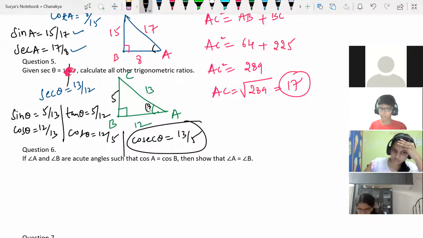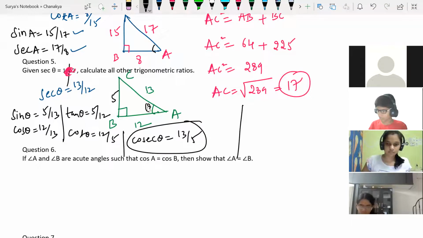Sir, how to remember it? Like hypotenuse by adjacent, those things, how to remember? I just told you, no need of remembering it, man. Why are you remembering all those? Who told you to remember? I told you, right? That day we proved it.